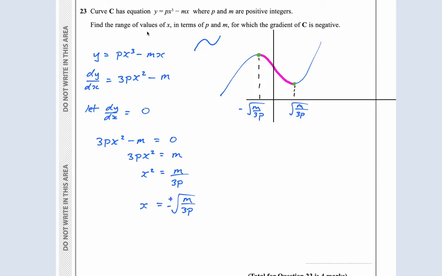Okay, so what's the range of values of x for which the gradient is negative? Well, the range of values is from here to here, because that's where the pink is. Look, it goes from here down to here.